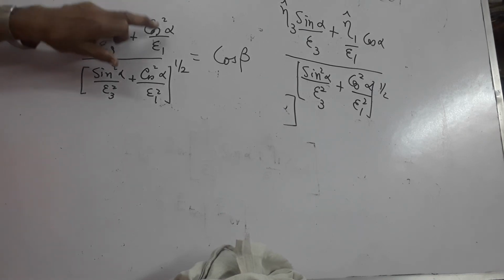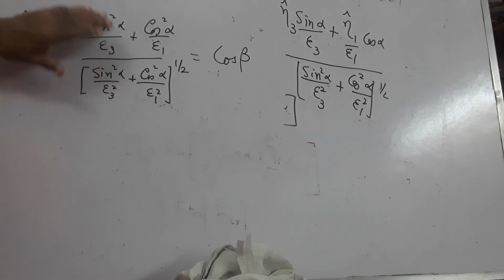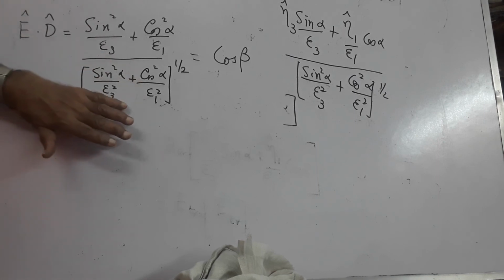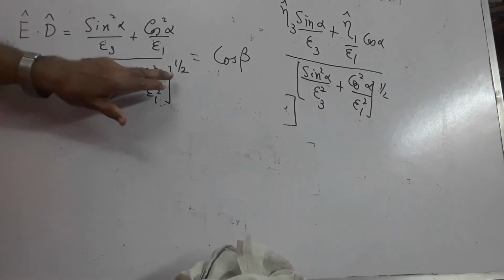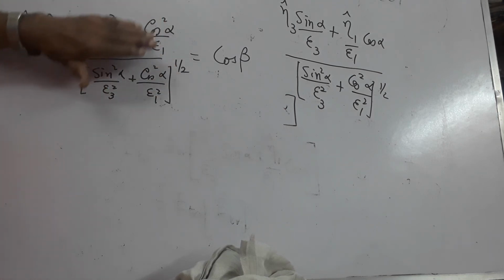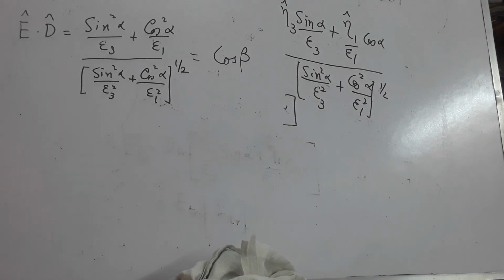This factor is less than 1, and this factor is also less than 1, but I have a square root, so that makes it smaller. One can show that this number is always less than 1. That's quite straightforward. I will not do that here.